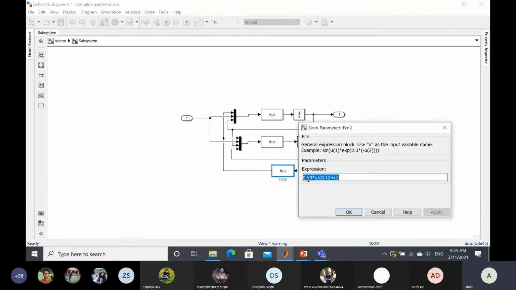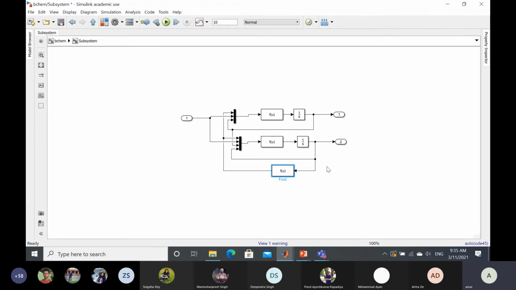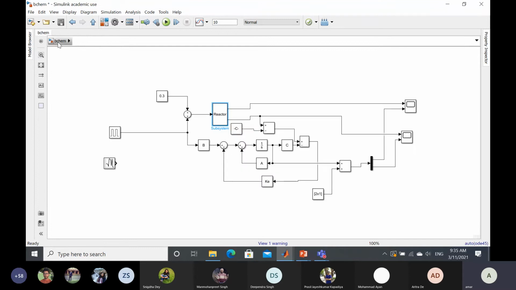Mu is equal to K max into U by CS by 0.12 plus CS. Input is the dilution rate, and the output is the CB and CS. So this is basically my reactor model.